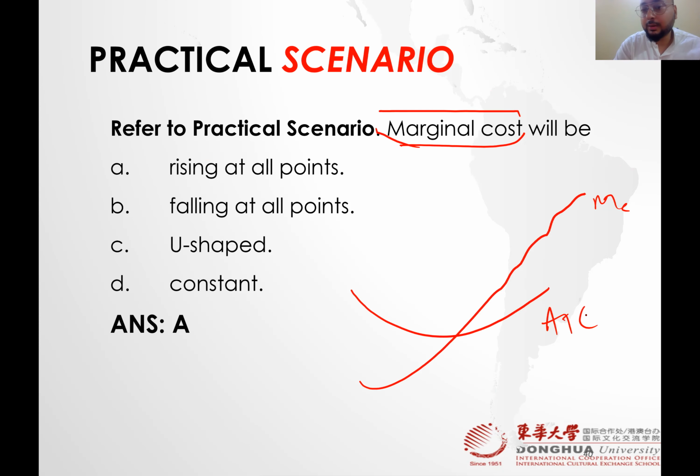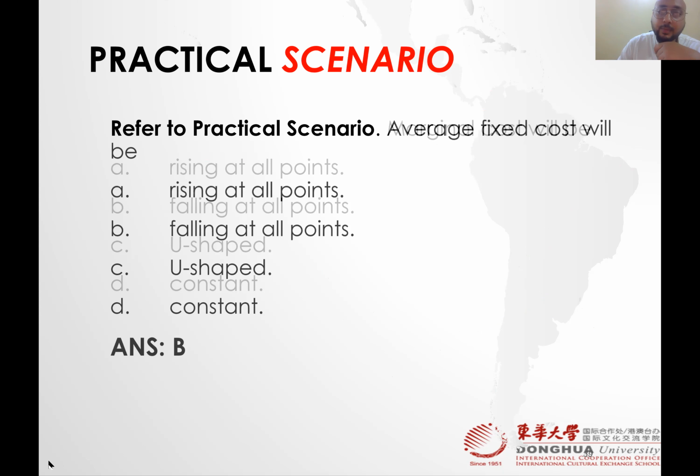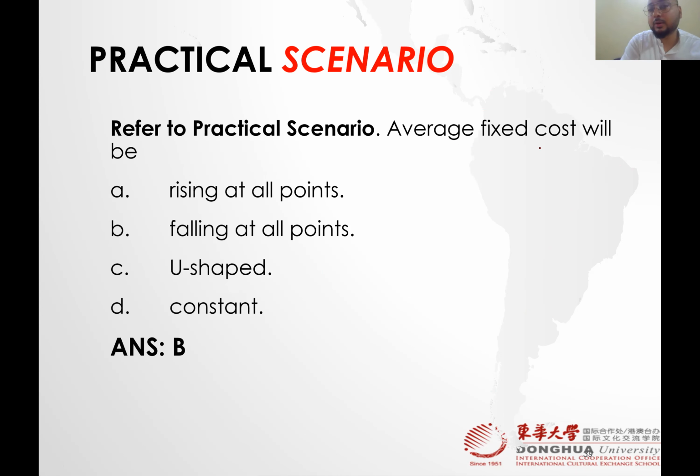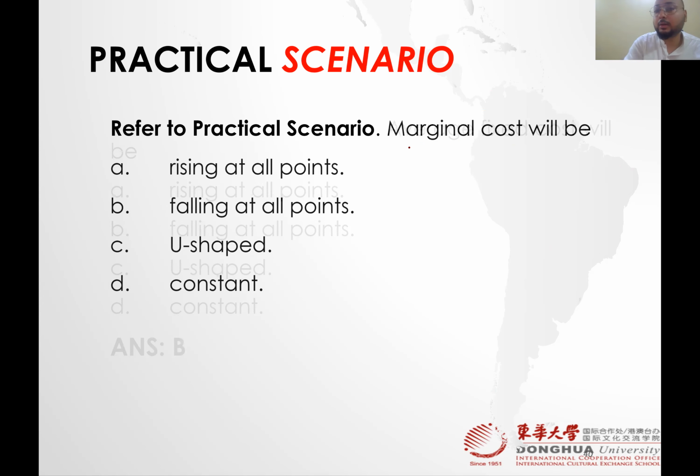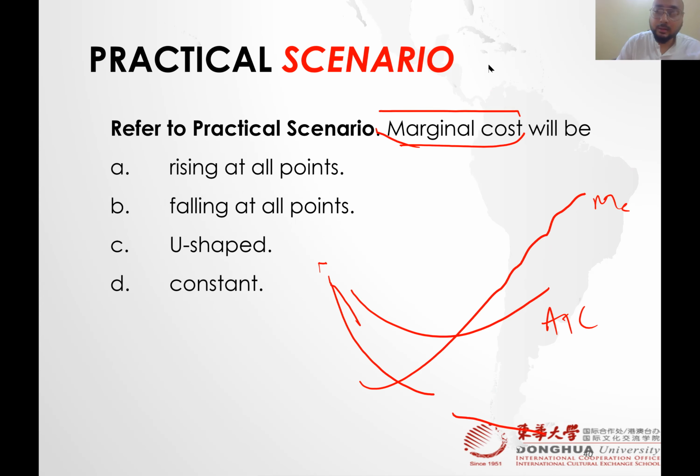Average fixed cost is the only cost that is falling at all points. So that is the previous question. This question, average fixed cost is falling. The next question would be the marginal cost. Marginal cost will be rising at all points.